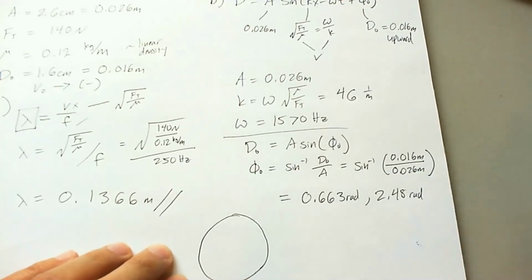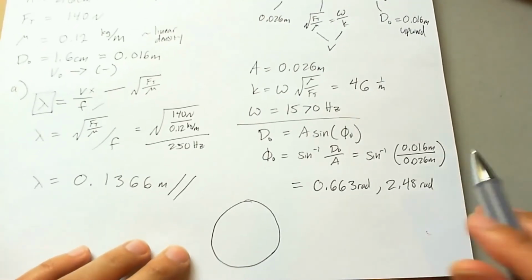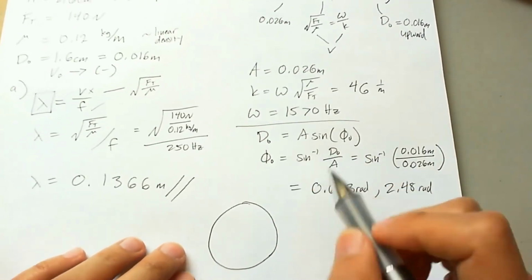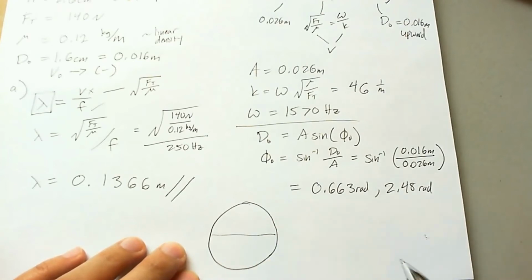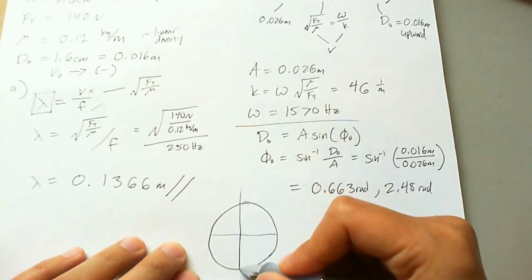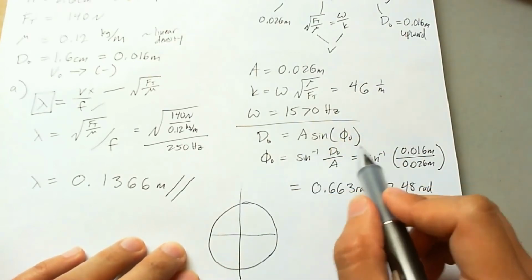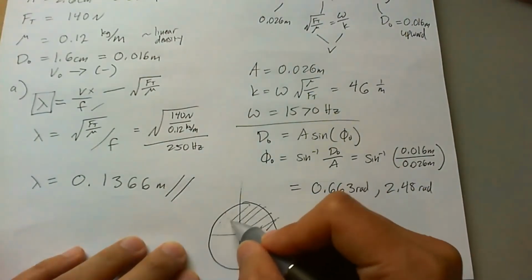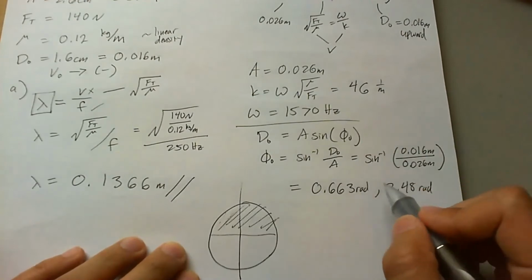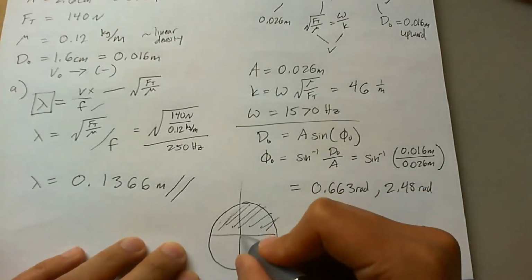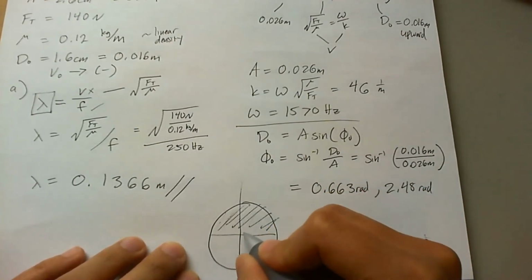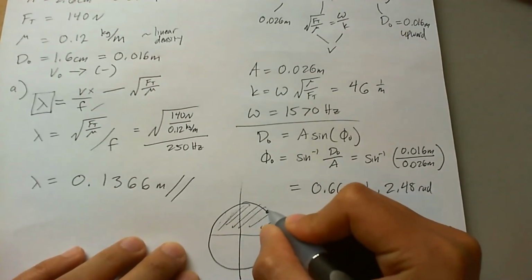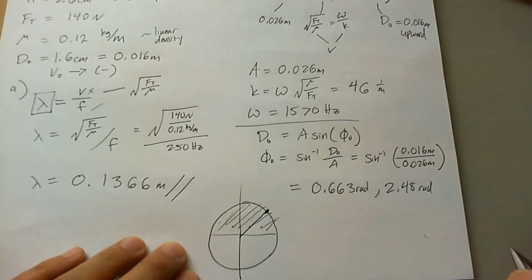How do you get that? We're going to look at a unit circle. Since it's a sine function, we really just care about the y-axis of the unit circle. It's positive, so we're looking at this part right here. The first value you're going to get is 0.663 radians, and we're just going to put it right up here somewhere.